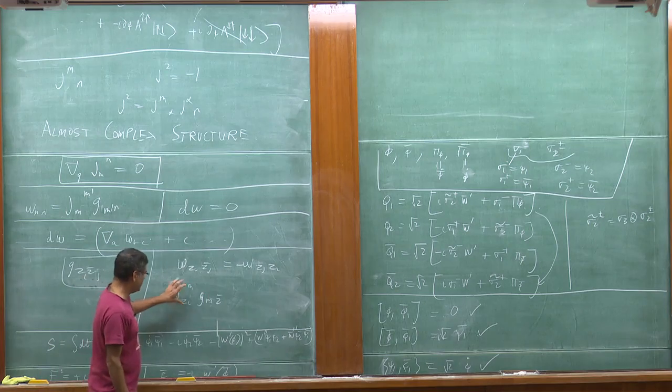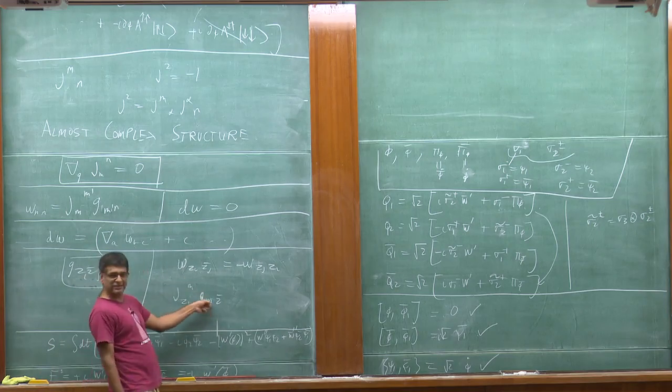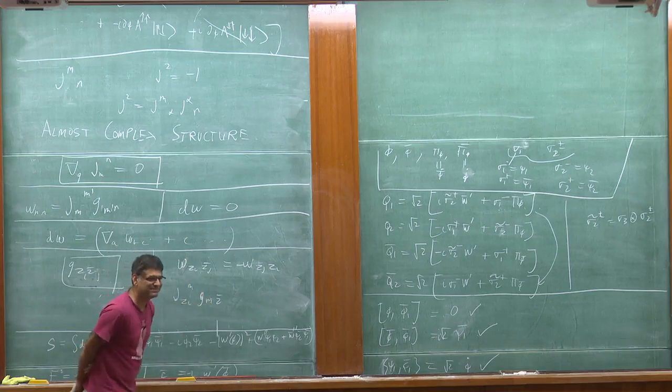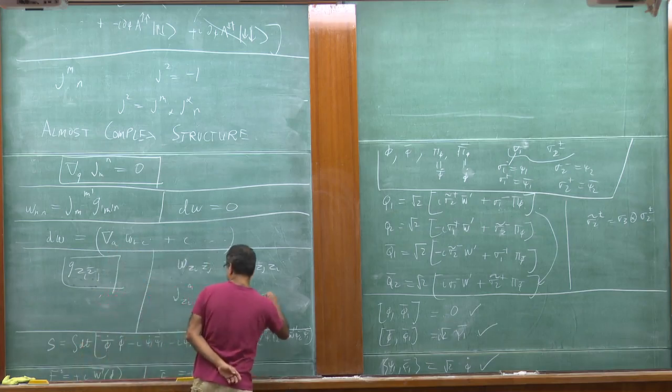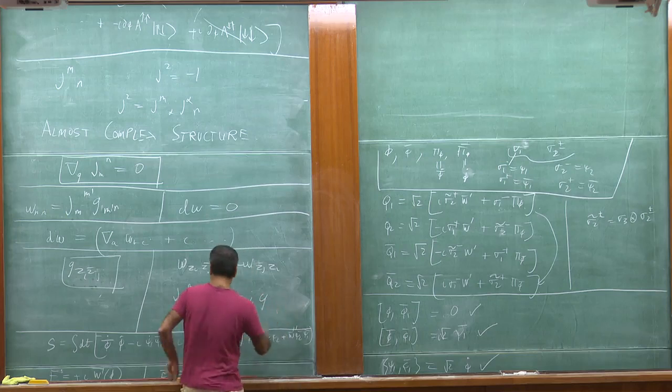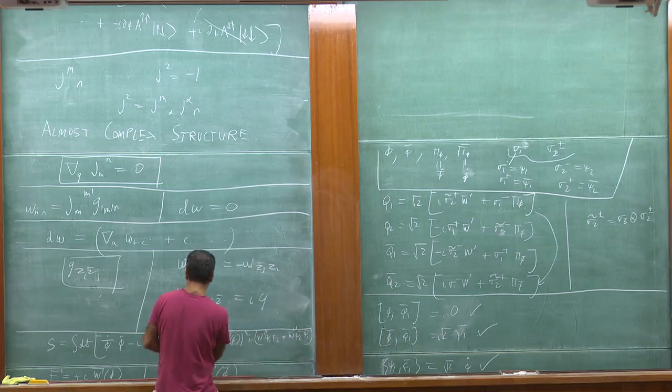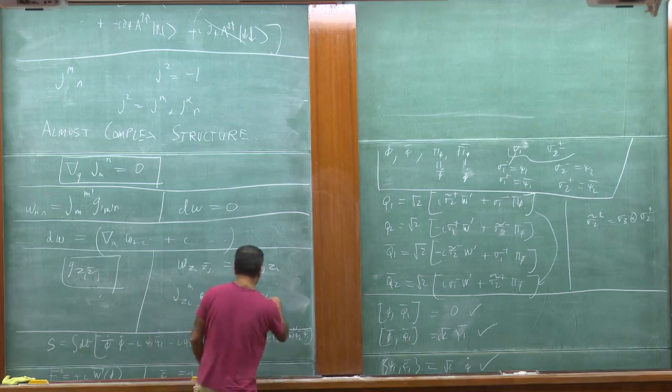But this J acting on z only clicks when this is a z, and J acting on z gives you i. So this would be i G_{z^i \bar z^j}.